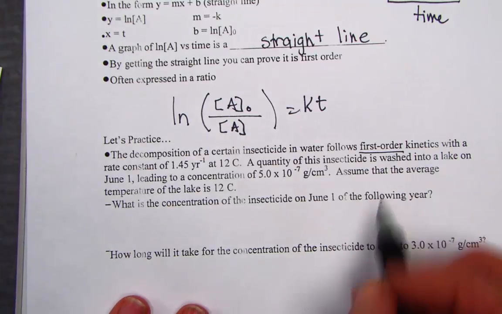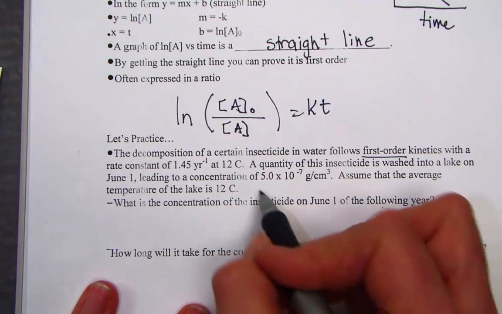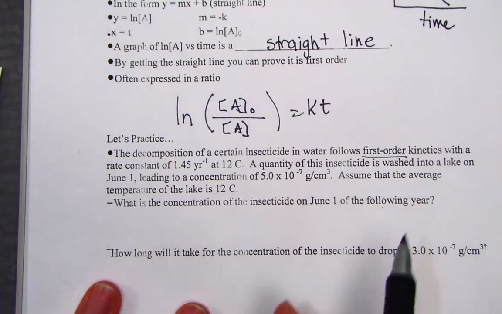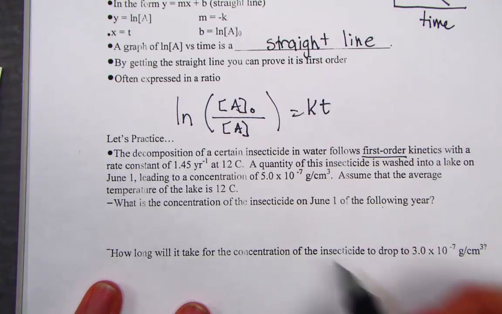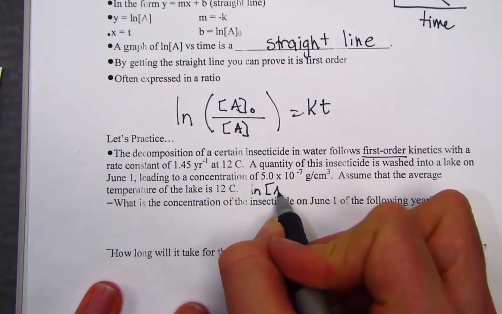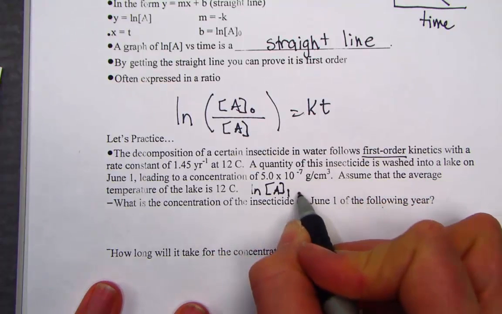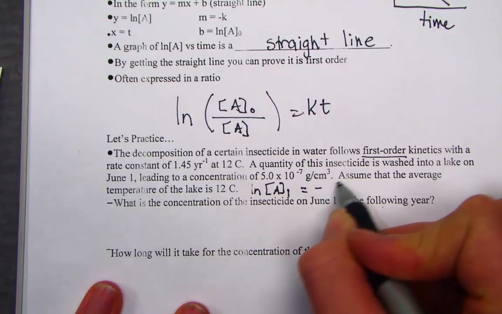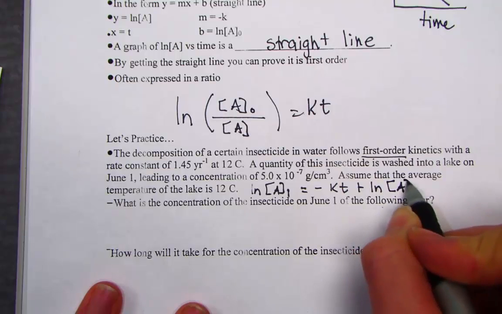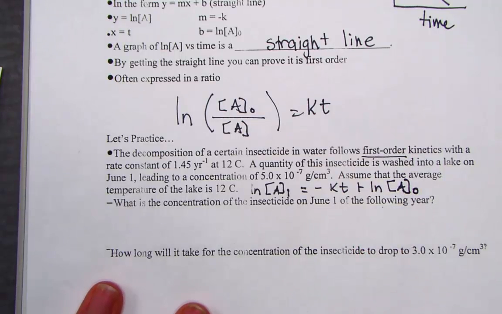We know it's a first order kinetics problem, so the formula we pull out from our formula sheet. It's asking us about the remaining concentration over a course of time for 1 year. The natural log of our insecticide, I'll call A, after 1 year, is negative kt plus the natural log of the original concentration of the insecticide.